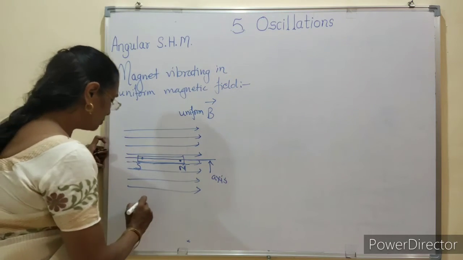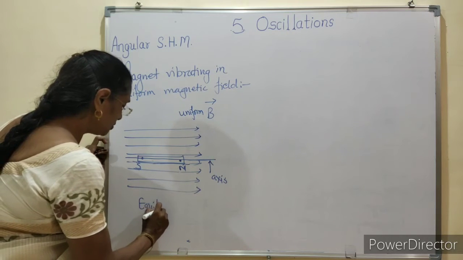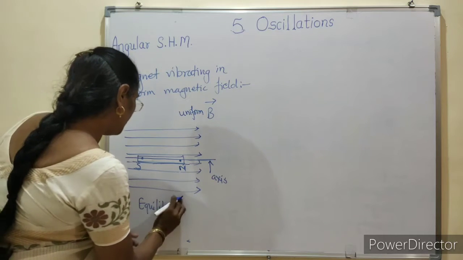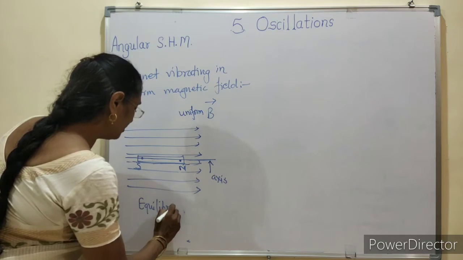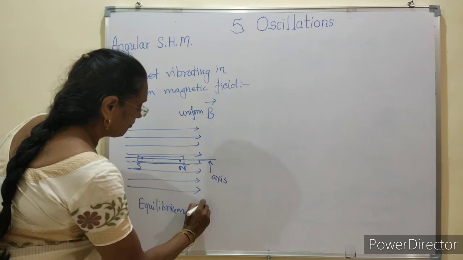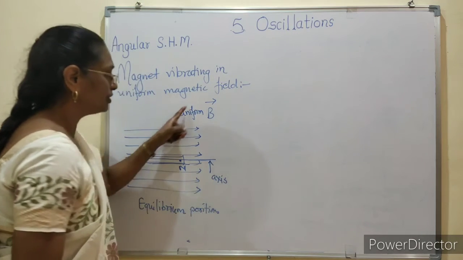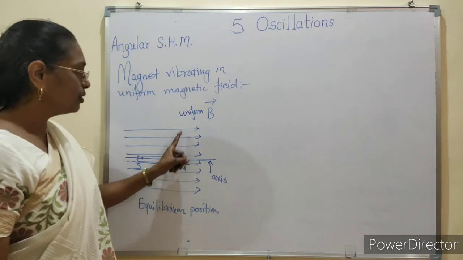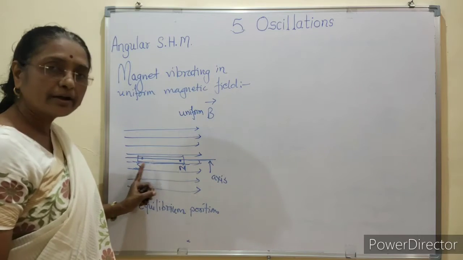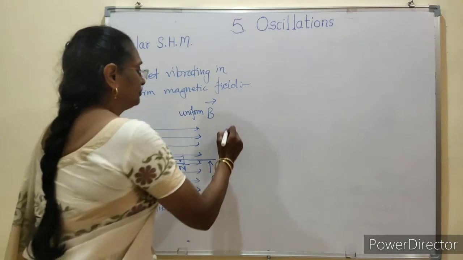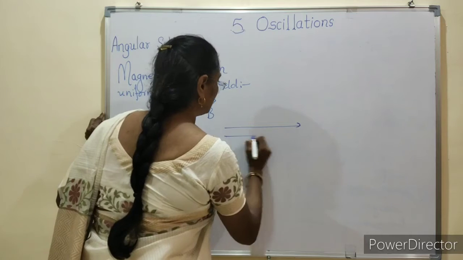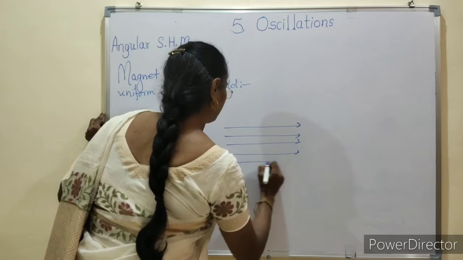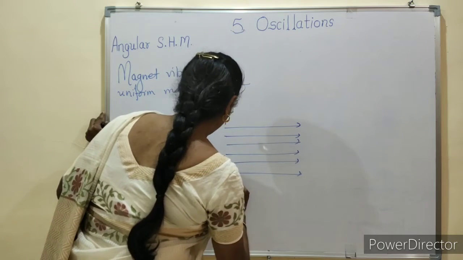This is the equilibrium position of the magnet, because the magnet remains parallel to the direction of the magnetic field, and the north and south poles are adjusted like this. Here again we have to consider the same uniform magnetic field.